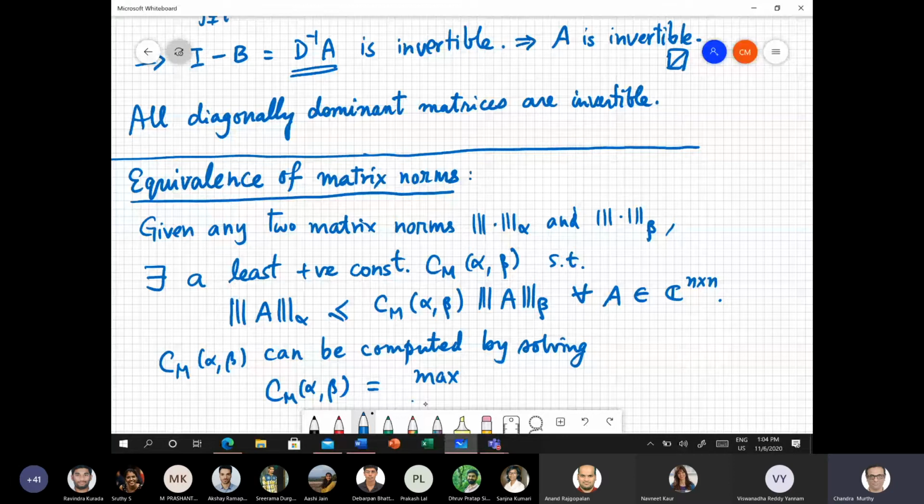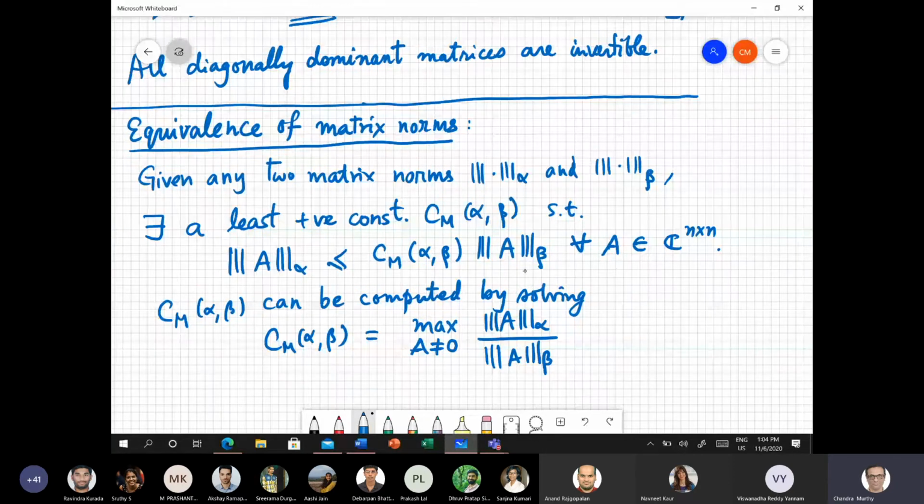So you take this ratio and you find the biggest number it can take, then of course it must be true that norm A alpha is less than or equal to Cm of alpha beta times norm A beta for any other A, because that's like a suboptimal A that you're choosing which must satisfy this inequality.